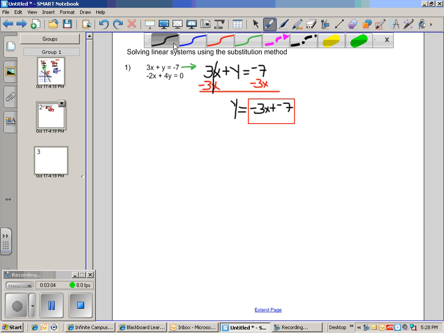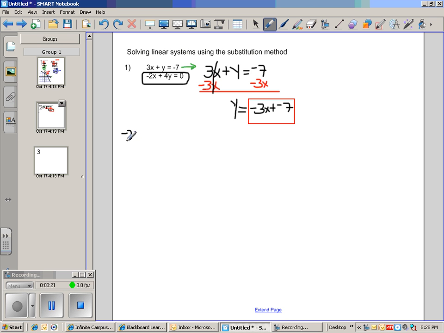So we're going to take this equation here and we're going to rewrite it exactly as it is, except for the y, we're going to put -3x plus -7. So here's the substitution. 2x plus 4 times y.